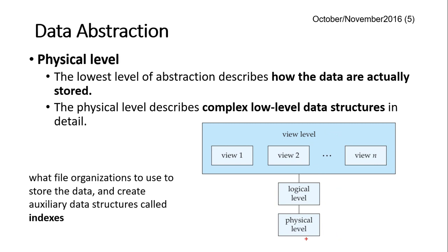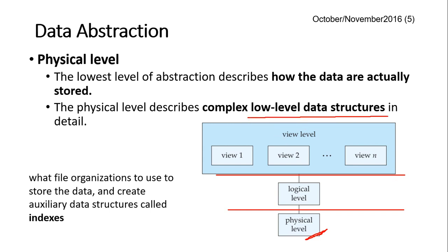The bottommost and most complicated one is the physical level. Then we have the abstraction at the next higher level, and that is the logical level. And the last one is the view level. So altogether 3 levels will be there: the view level abstraction, the logical level abstraction, and the physical level abstraction.